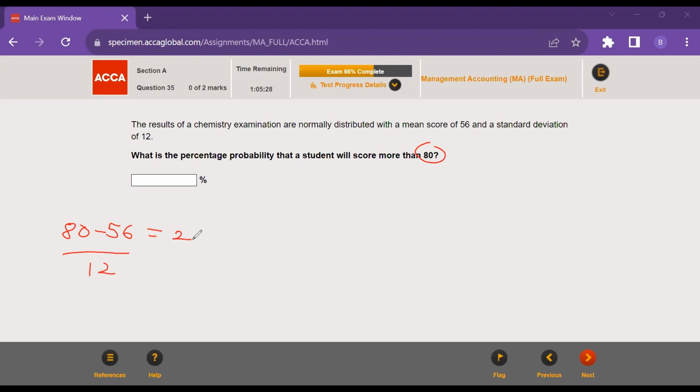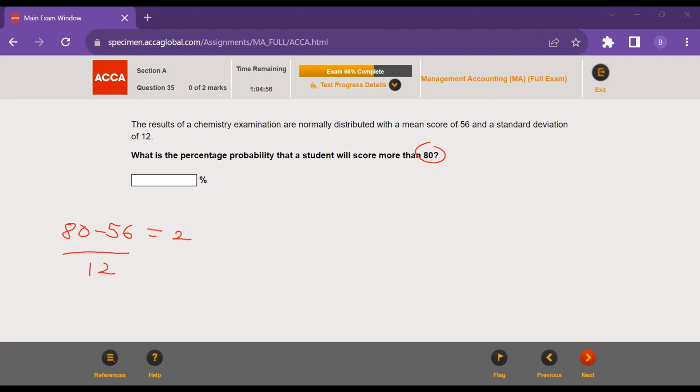Now you go to your normal distribution table. Do we have this given over here? Let's see. Right, so this is given to us, the normal distribution table. So we have to look at 2. For 2, I can see that this is 0.4772.